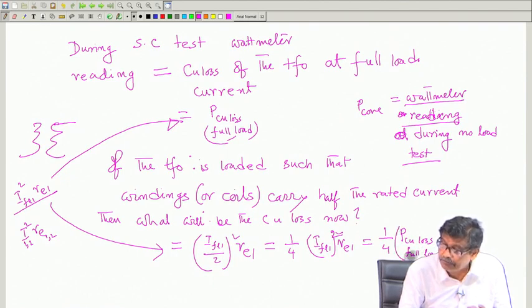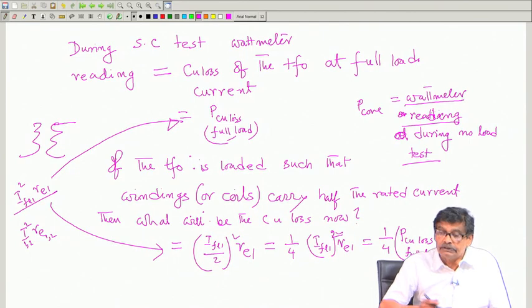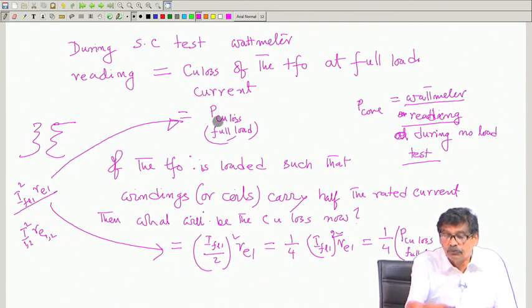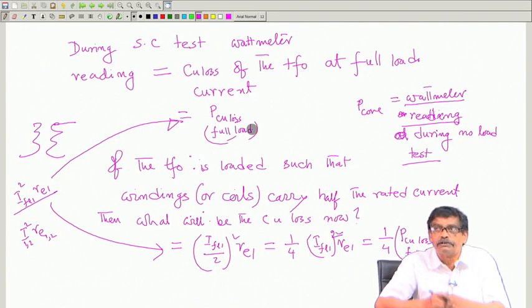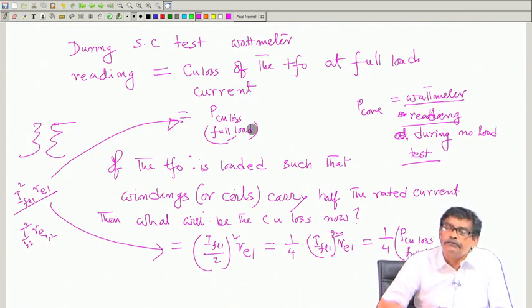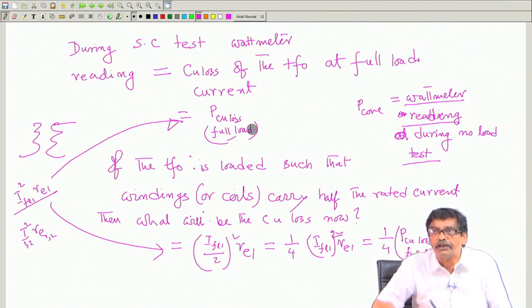Getting the point, this must be understood. If P_cu, the copper loss at full load, is 100 watt, and your winding currents are half, then the copper loss will become 100 by 4, that is 25 watt.